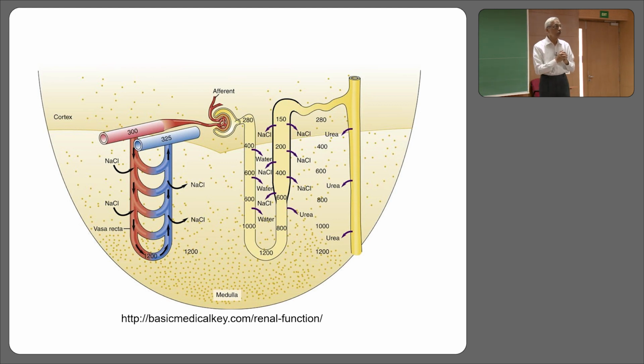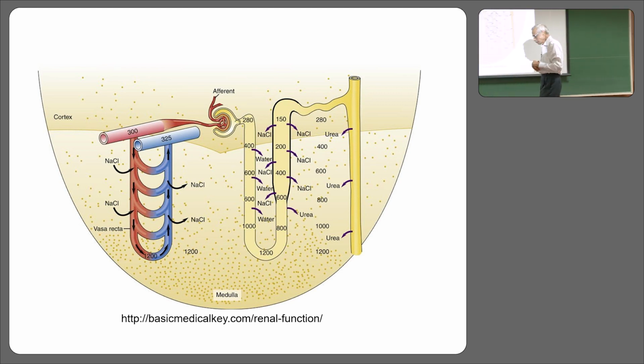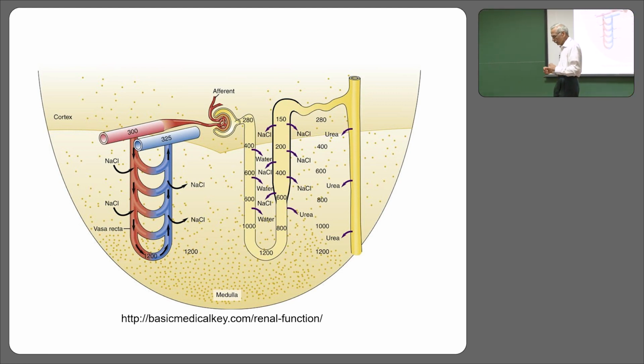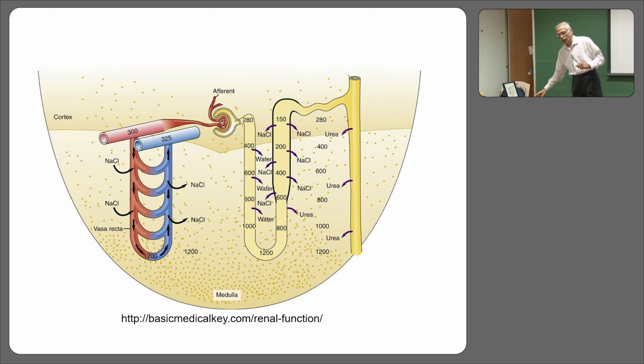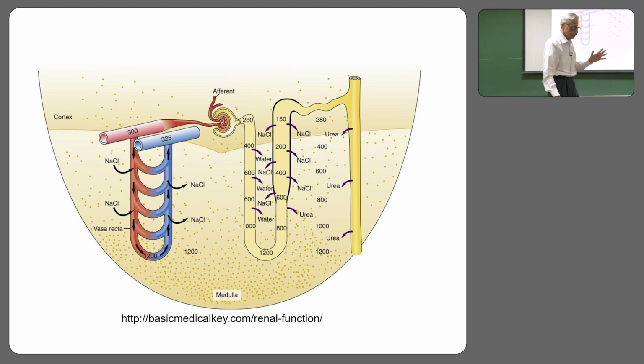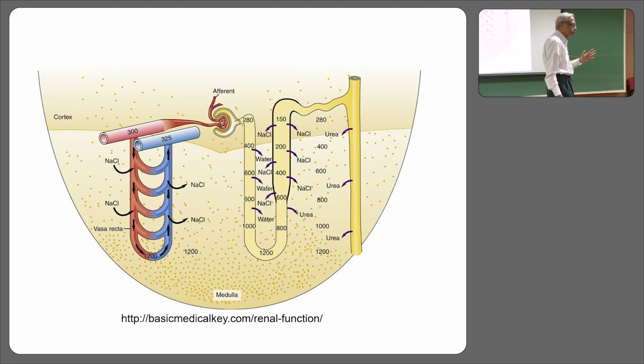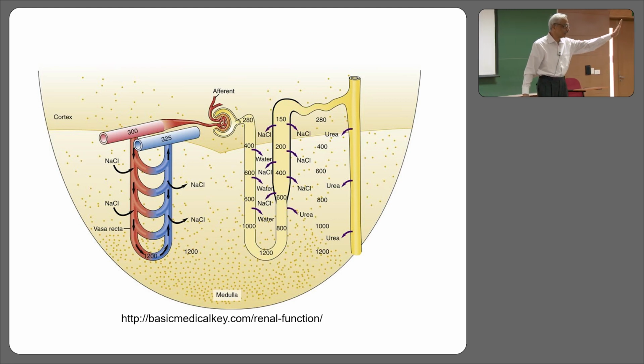Yes or no? Good. Now, the second important point, which I discussed with you yesterday, is that we always talk of homeostasis and of blood always being at 300 milliosmoles.